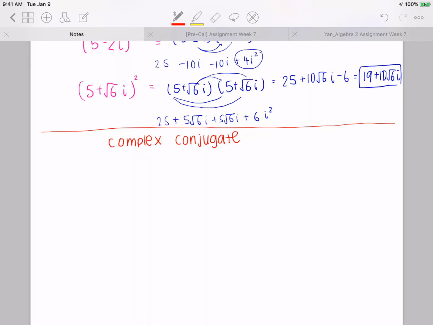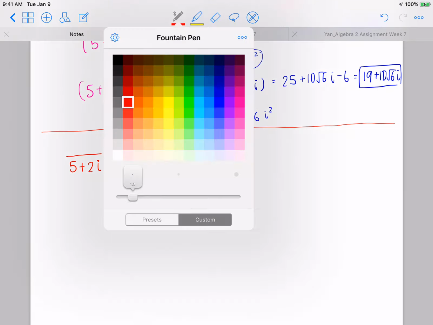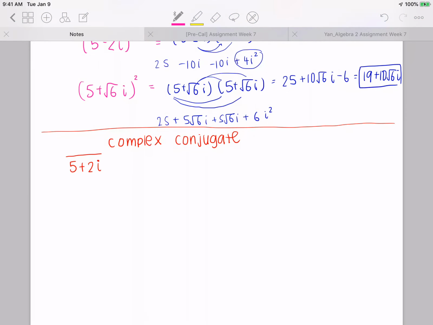So complex conjugate. Whenever we talk about conjugate, we have, let's say, 5 plus 2i. I draw a line on top. Oops, let me draw it better. Whenever we draw a line on top, when we say we want to find the conjugate of this, we always want to do the opposite in the middle.